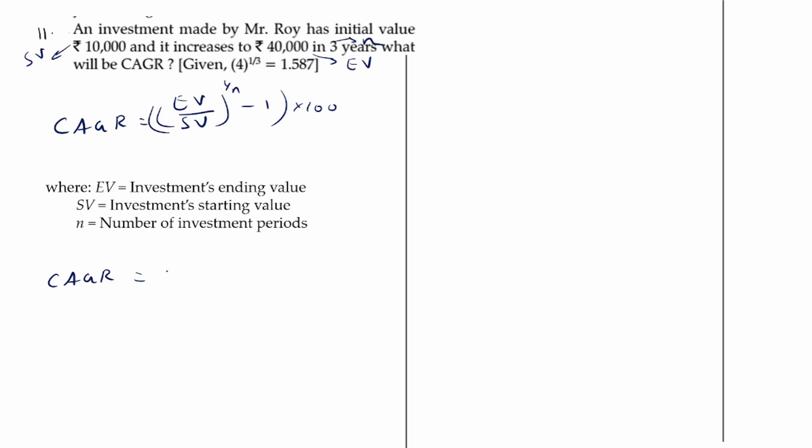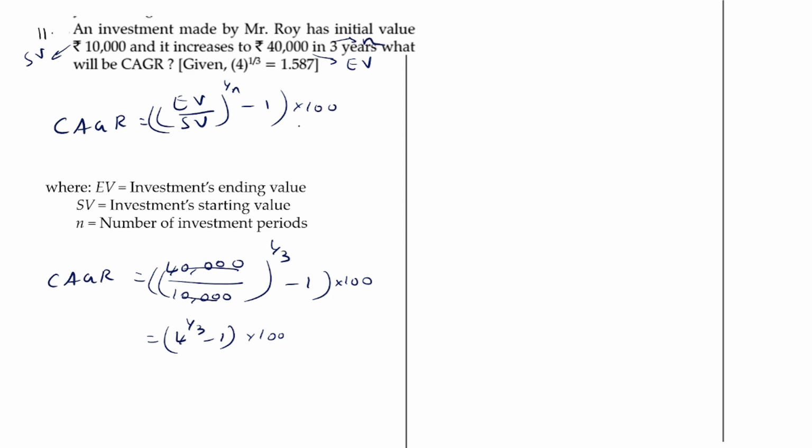It is given by (40,000 upon 10,000) the whole raised to 1 by 3, minus 1, into 100. So this is 4 raised to 1 by 3, minus 1, into 100. 4 raised to 1 by 3 is 1.587, minus 1, into 100.